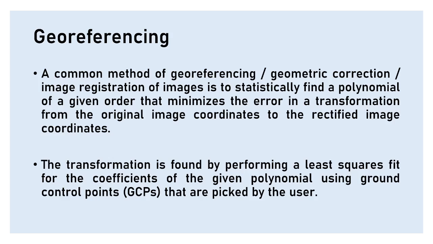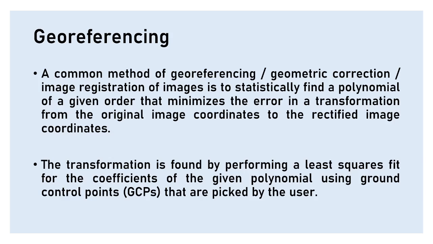So a common method of georeferencing or geometric correction is image registration, which is to statistically find a polynomial of a given order that minimizes the error in a transformation from the original image coordinates to the rectified image coordinates.